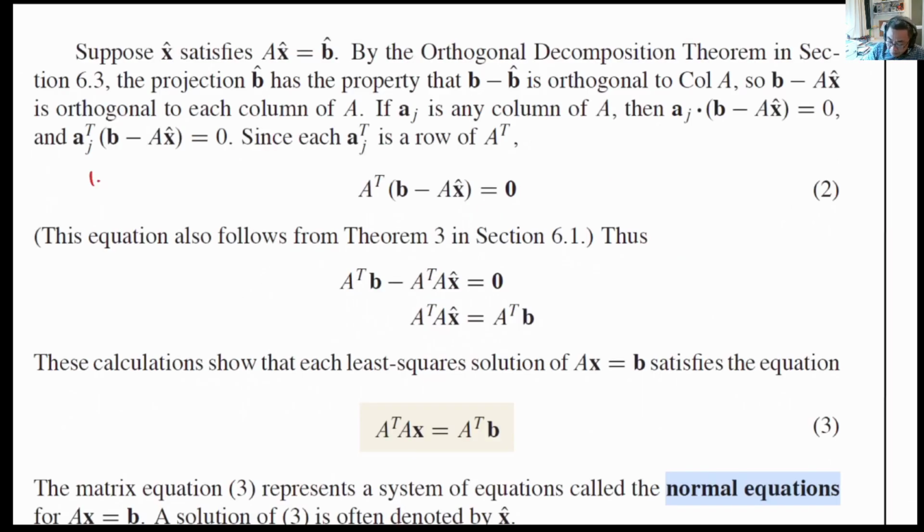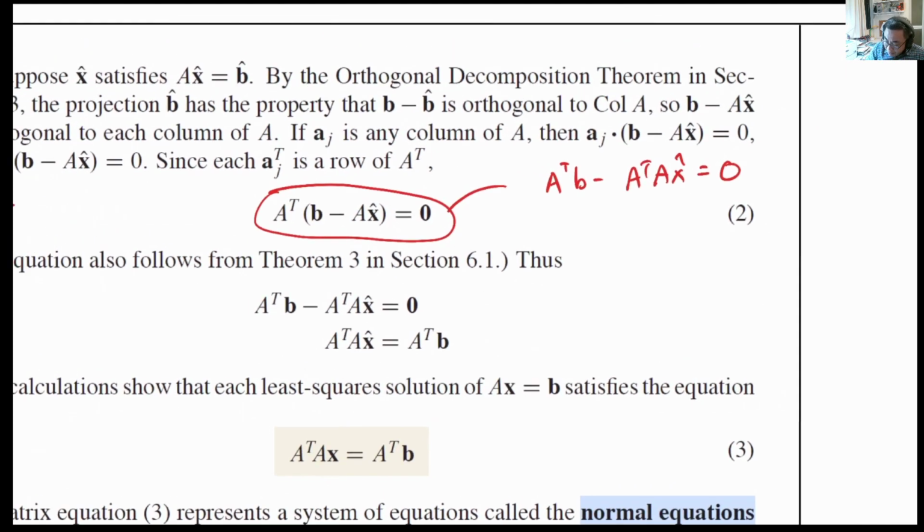We are almost in a position to see the normal equation. All we need to do is to expand this equation by removing the brackets. A^T b minus A^T A x hat equals 0. We can now move one of the parts of the equation to the other side, which gives us A^T A x hat equals A^T b.